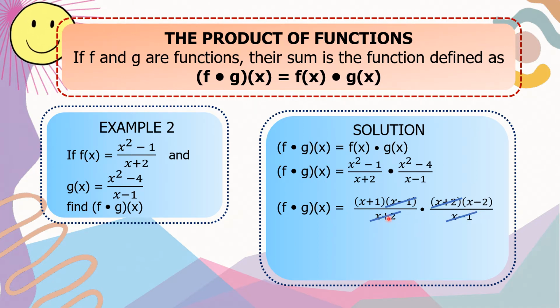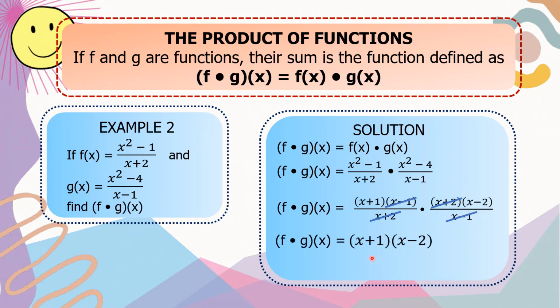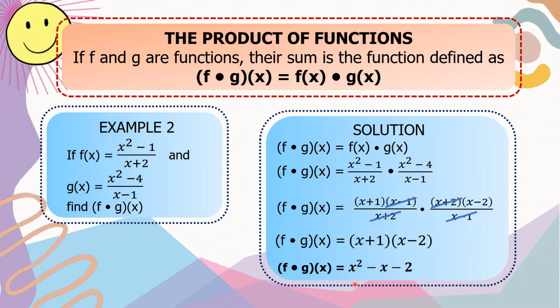Wala na tayong denominator. So i-times na natin yung x plus 1 at x minus 2. So x plus 1 times x minus 2. So to solve this, unahin muna natin yung x, i-multiply natin sa x minus 2. So x times x is equal to x square. Then para makuha natin yung gitna, i-times natin yung means and extremes natin and i-combine natin siya mamaya.